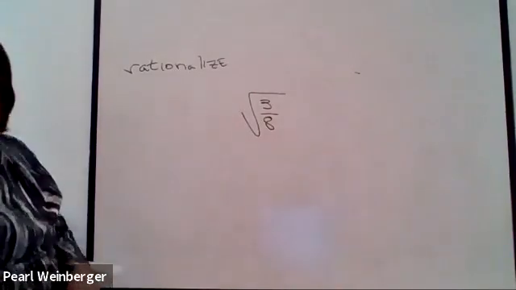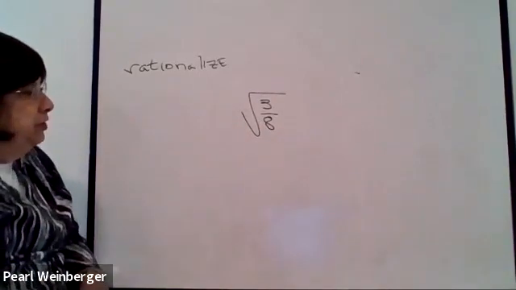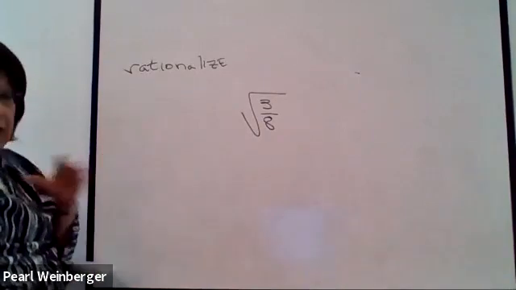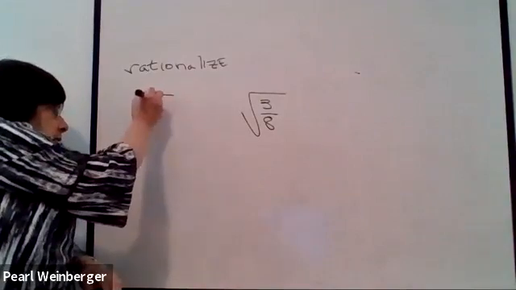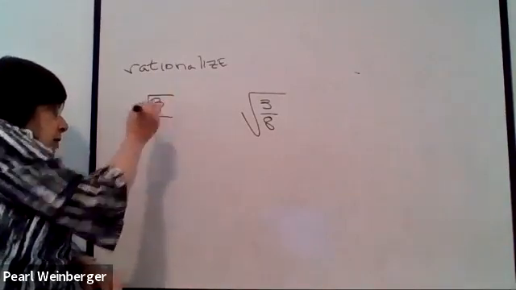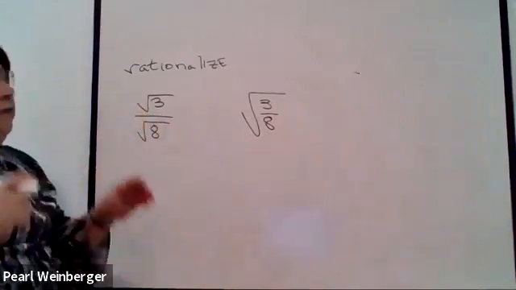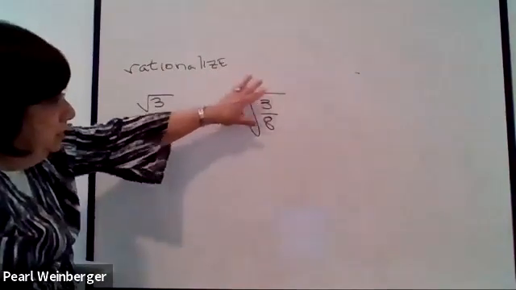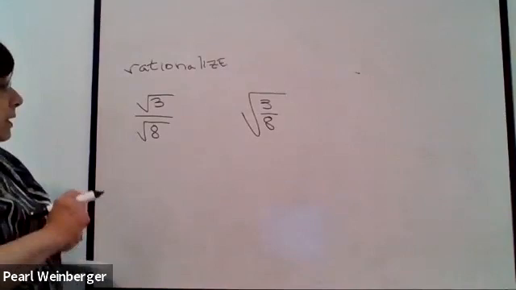Okay, so let's look at this fraction, 3 over 8 in the radical. I'm going to follow my steps. I'm going to separate it. I'm going to put the 3 in a radical over 8 in the radical. I don't like to deal with fractions inside radicals, so I just make it 2 separate radicals.